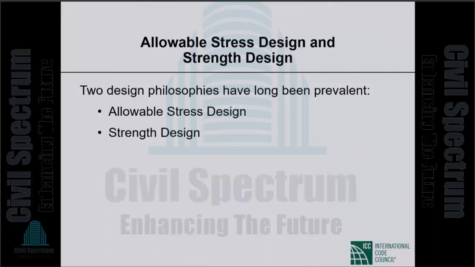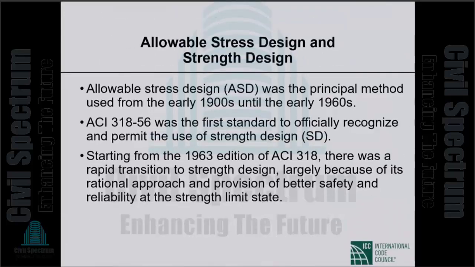So ASD, or allowable stress design, and strength design, two philosophies. Allowable stress design was the principal method used from the early 1900s. That's where we started, until the early 1960s.